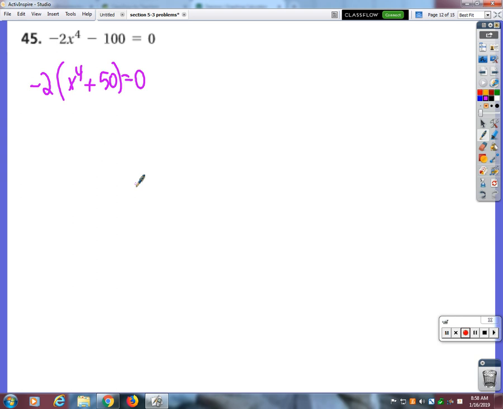I don't either, because this is a plus. No, I have to add to be 0 because there's 0x squared in the middle. So this one actually has no real solutions.